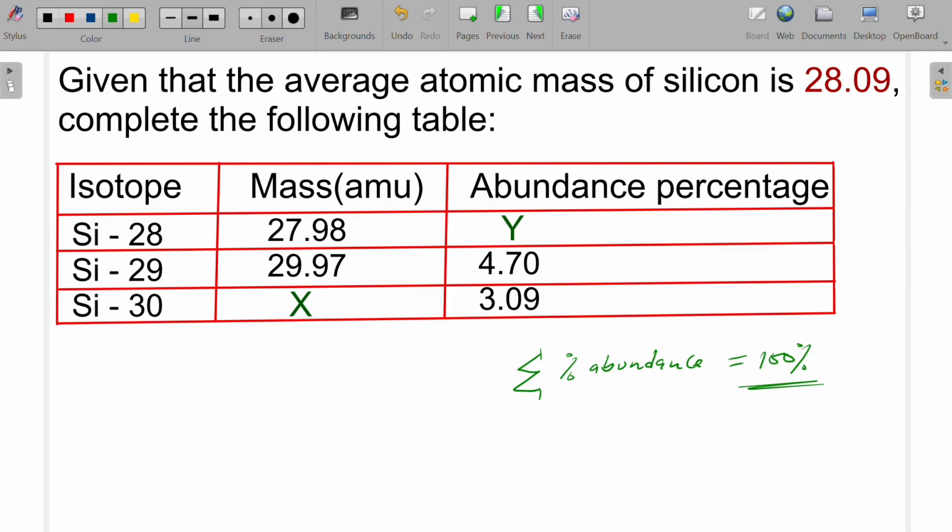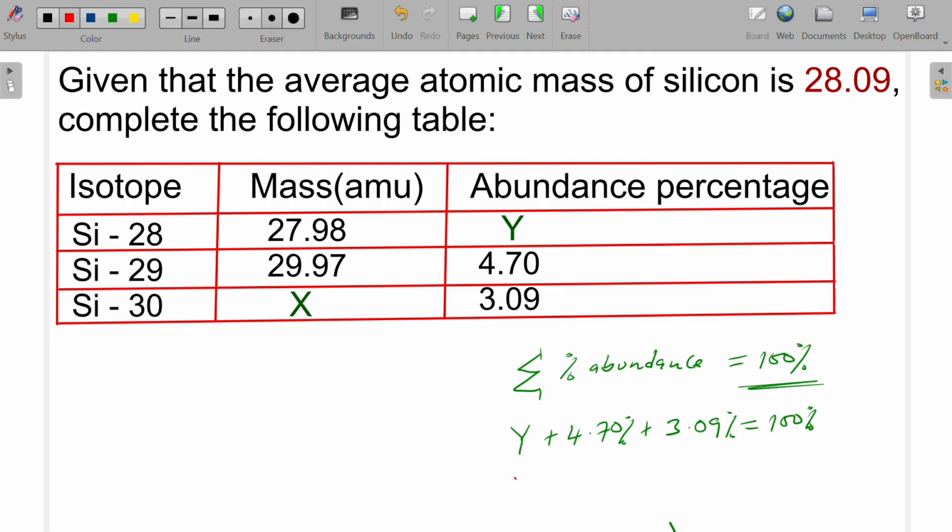Using our formula here, Y added to 4.70 and then added to 3.09 must give us 100%. These are all percentages, so this must give us 100%.